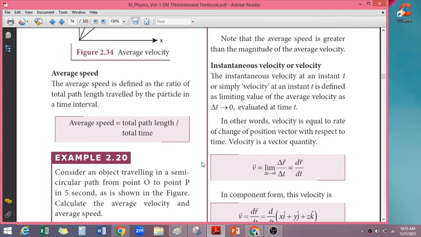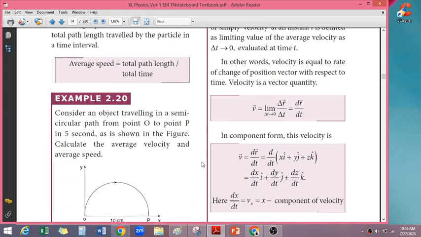Instantaneous velocity means at every point. So that means you have to find the slope at every point, right? That's what I was talking about in the slope graph earlier.